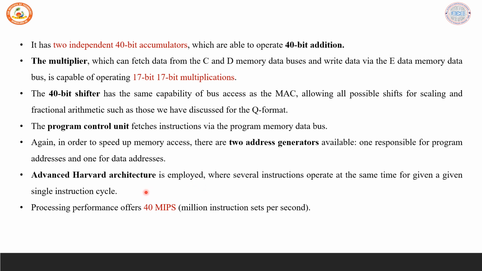This speeds up the operation. The processing performance is around 40 million instructions per second. MIPS is the unit used to measure how many instructions are executed in unit time.